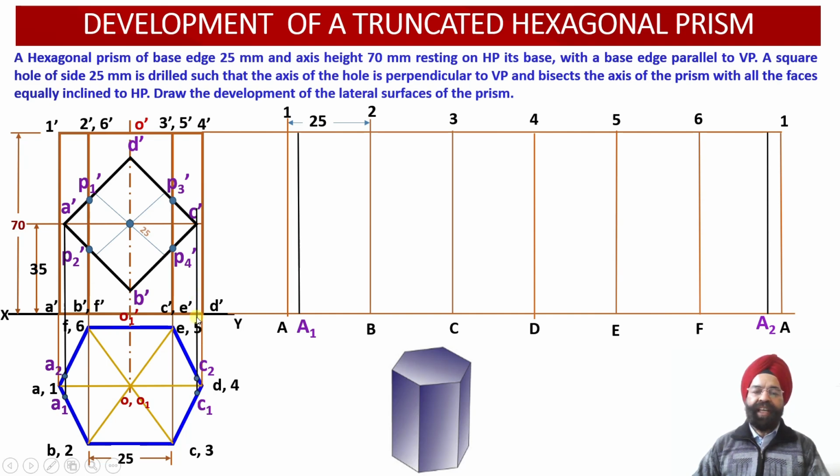Now this black vertical projector emerging from C dash has intersected with the front surface edge CD at a larger distance from point C or at a smaller distance from point D. So between point C and D in the development projection view, at a smaller distance from point D or at a larger distance from point C, point C1 has been located into the front face projection over here.